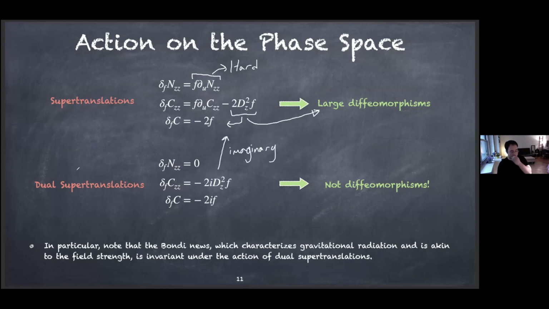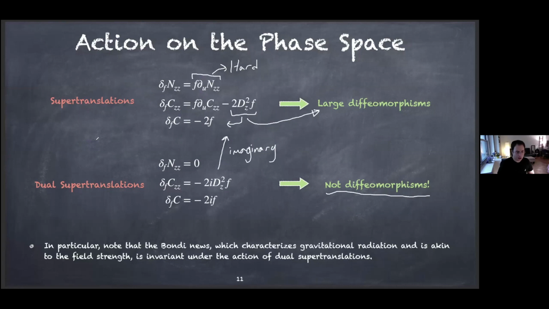And this is exactly because of the fact that there are no local hard charge densities. And the conclusion from this is that this transformation does not correspond to any diffeomorphism. And one can show, we show in our paper rigorously, that there is no diffeomorphism that corresponds to this transformation.